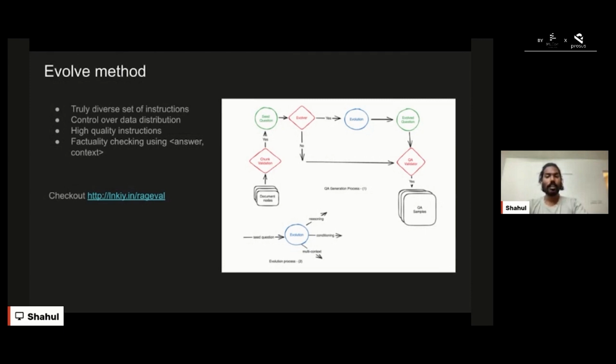Once that is done, a seed question can be generated from the given document, which can be further evolved into any type of question, like reasoning, conditioning, or multi-context. After this process, the source document and the generated answer are compared to ensure that the generated answer for the given question is well grounded in the given text.